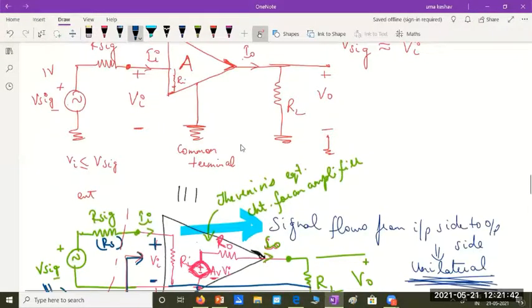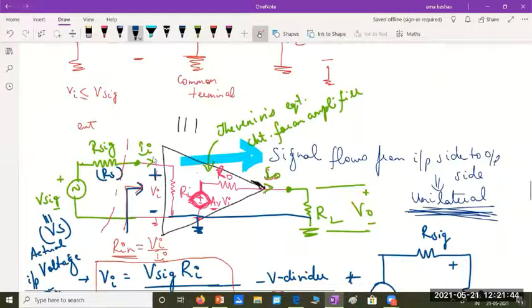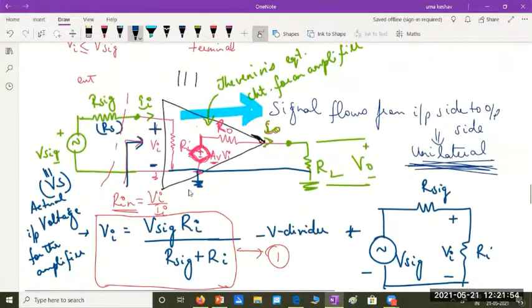Okay. So then we try to replace the amplifier with its Thevenin's equivalent circuit internally. When I replace the amplifier with a Thevenin's equivalent circuit, it will just have a resistance on the input side.